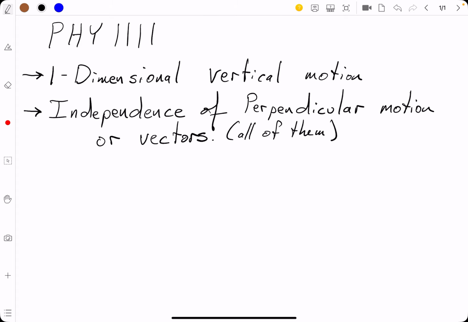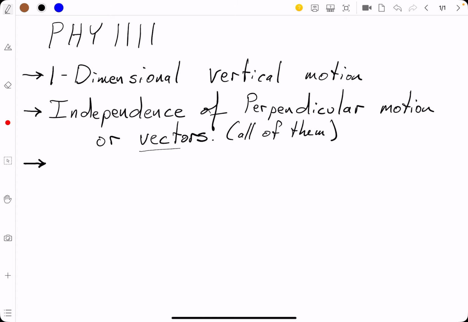First of all, we're going to be doing one-dimensional vertical motion, and then we'll be looking at the independence of perpendicular motion, meaning x and y, or x, y, and z vectors. So all of them in general.